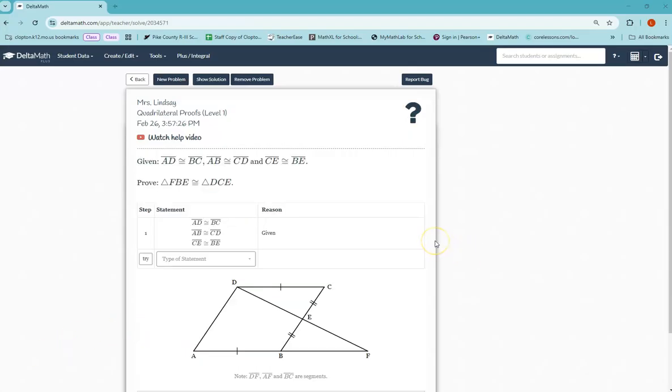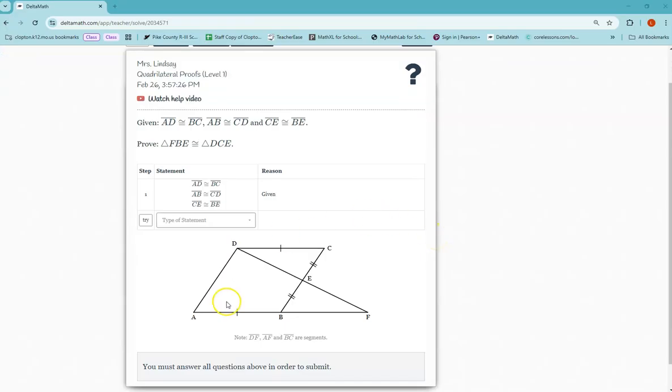Okay, so this is number 5 that we will do together. We are given that AD and BC are congruent, so these two parts, and that AB and CD are congruent. So we have opposite sides of this shape that are congruent, and we have that CE is congruent to BE. So this bisects that, okay?